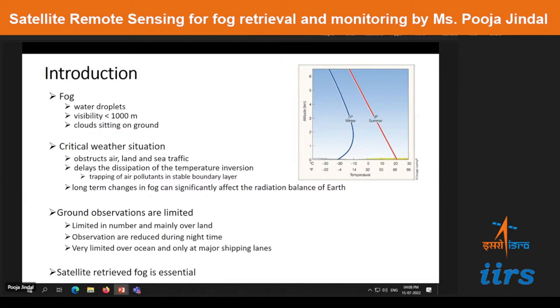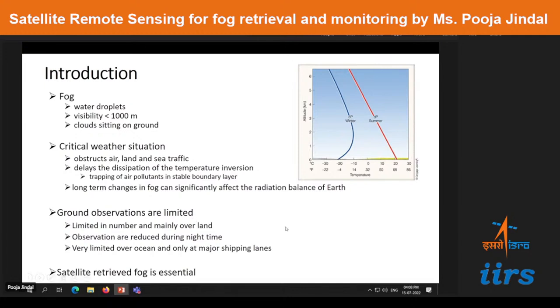So we have very limited measurements over the land area only, and we don't have measurements over the remote areas, and very, very few measurements over the ocean areas, because in the ocean you will have measurement points only wherever you have the shipping lanes. That's it. And again, the ground-based observations are reduced during the night time. Nighttime measurements are further reduced because of their own complications, right?